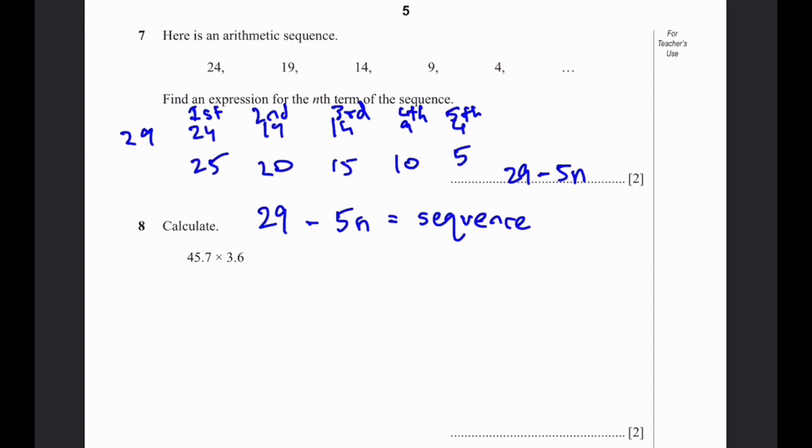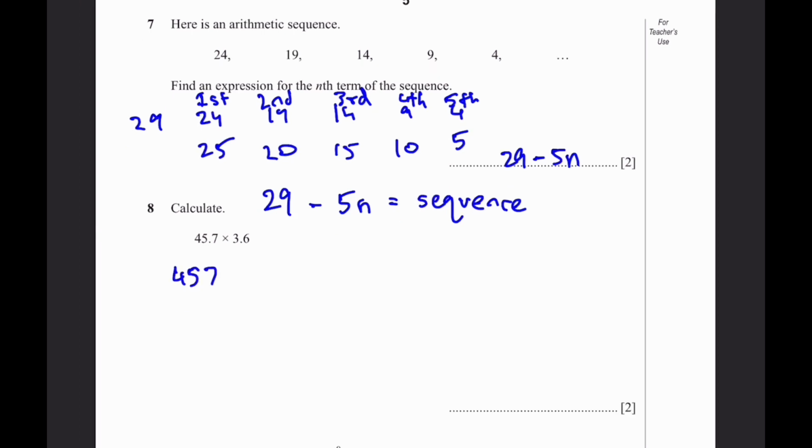Question 8. Calculate 45.7 multiplied by 3.6. We'll just get our hand maths. So let's do 457 into 36. And at the end, add 2 decimal places. So we have 42, 34, 24, 27, and then we have 1, 17.